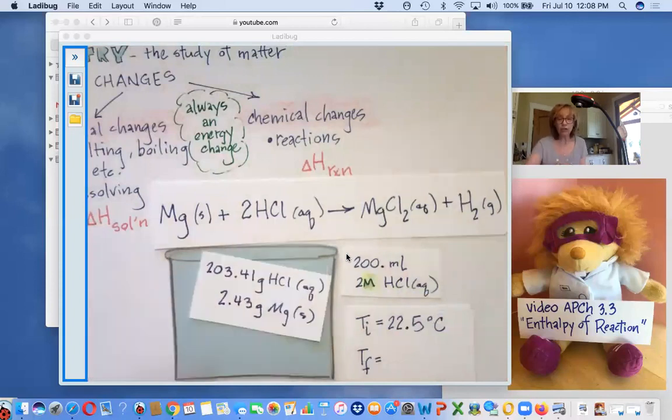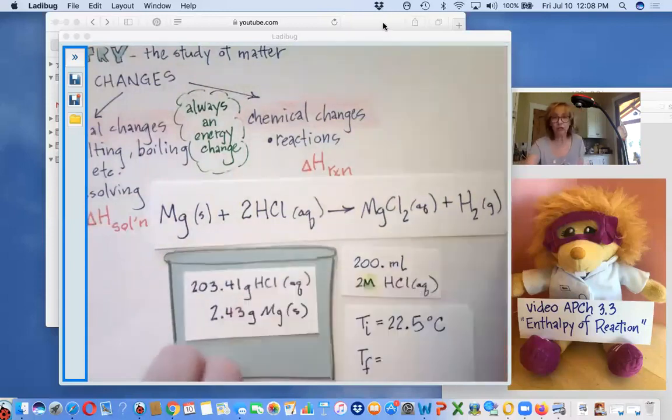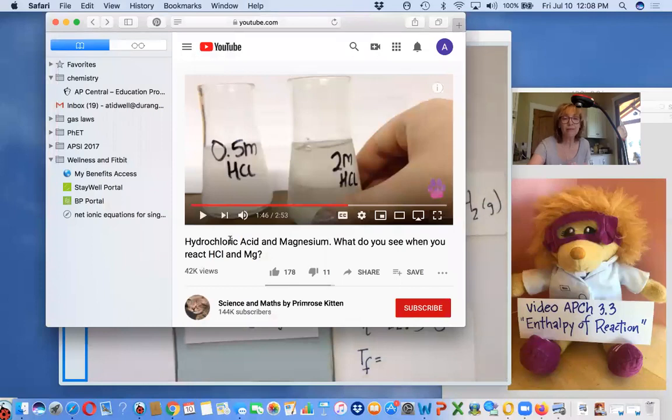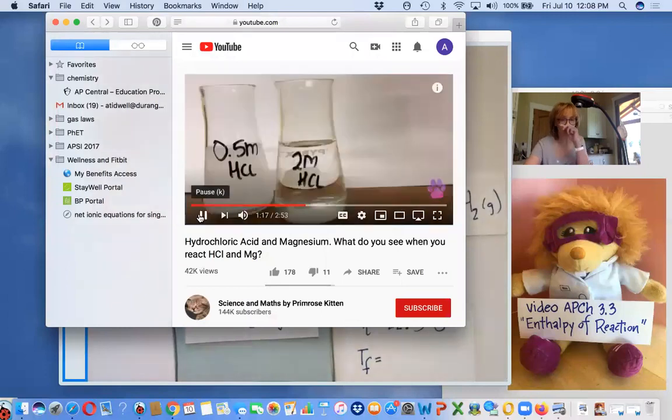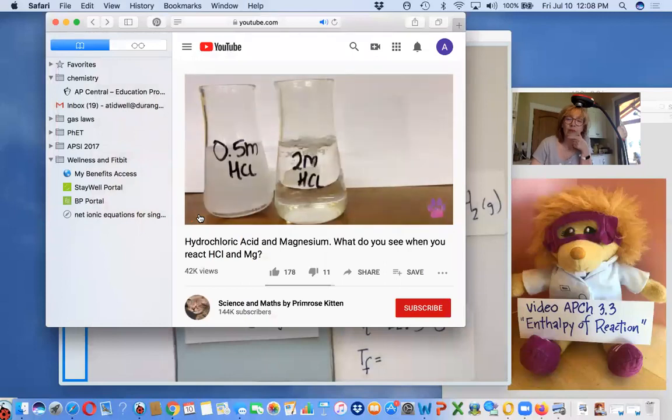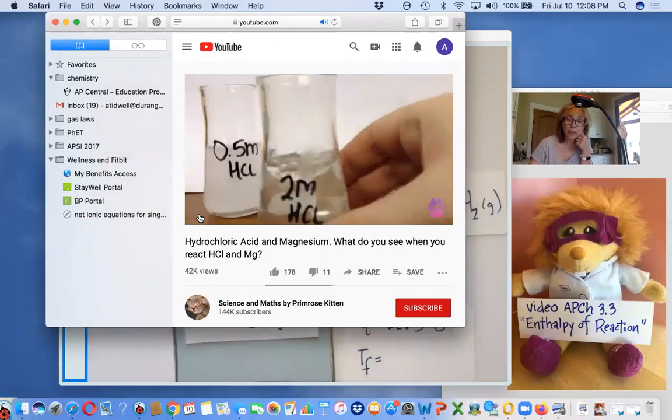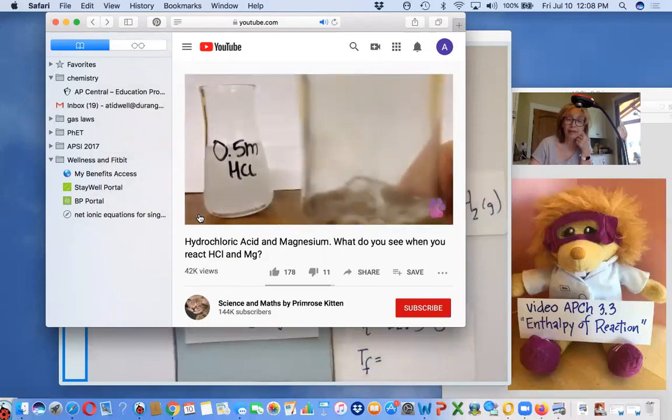All right, so I'm going to show you just a quick video of the actual reaction so you can see what that's like. I just wanted to watch really closely what happens. So the magnesium went into the acid, and you can see right away the production of the hydrogen gas.